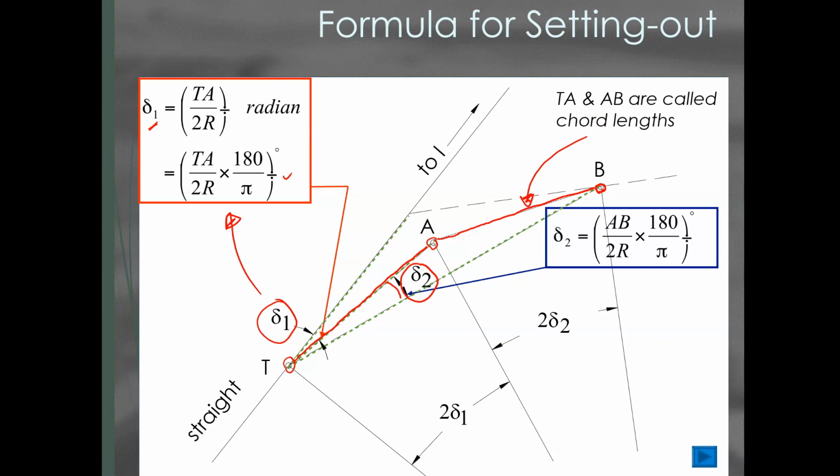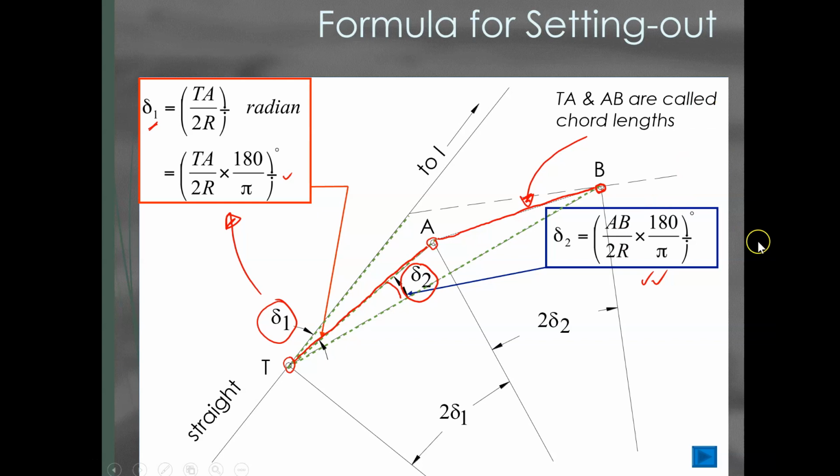The reason I have separated the calculations is because sometimes, or most of the time, the first chord length may not necessarily equal the second chord length. We will do one example later, and you'll see what I mean by that. But for now, the formula is quite straightforward. It's a ratio between the chord length and twice the radius.